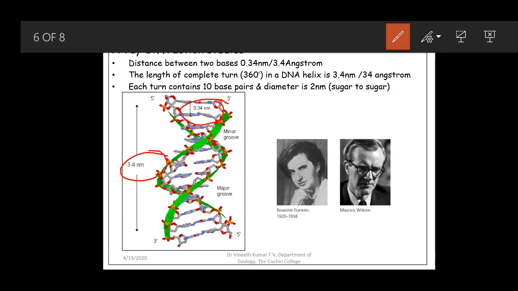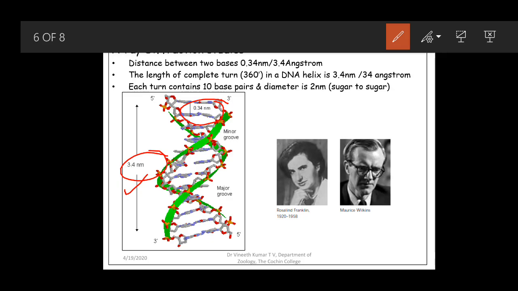And the other periodicity, the 3.4 nanometer periodicity, is nothing but an entire turn of the helix. That means a 360-degree turn of the helix. It has a length of about 3.4 nanometer or 34 angstrom, which was the next periodicity.